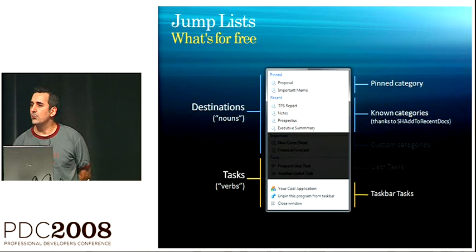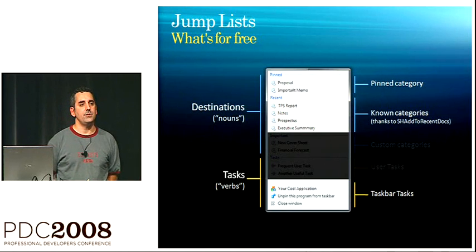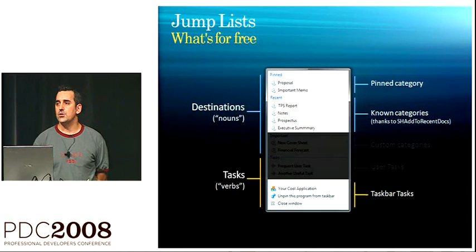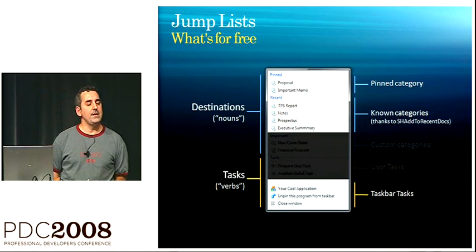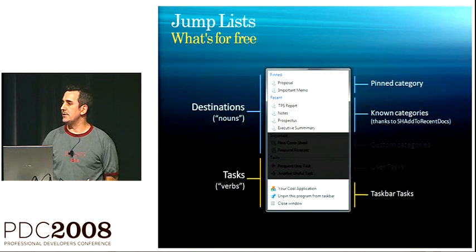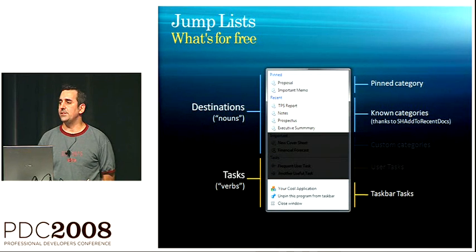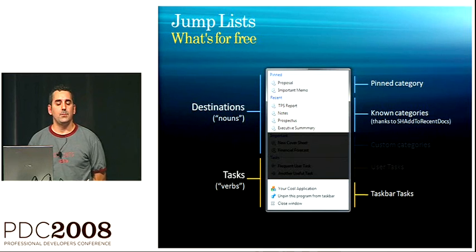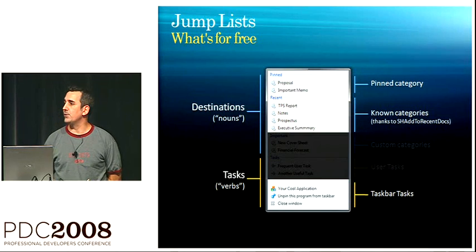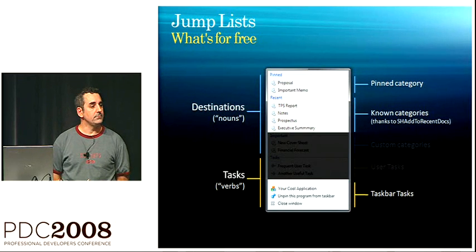They'll also get the recent destination known category, which will be populated thanks to an API that's been around for some time called SHAddToRecentDocs. This is an API that was originally intended for the recent items list off of the Start menu. That's a global list, but now we can actually filter that list by application.